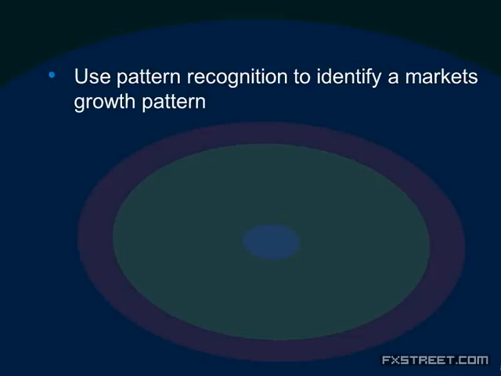What's nice about a chart from a geometric standpoint is you can tell pretty simply, looking at the market, whether it's in fact growing or contracting, and that's going to be based on the simple pattern of isolated highs and isolated lows. And I'll show you specifically what we mean. So number one, to summarize the method, we use pattern recognition to identify a market's growth pattern.